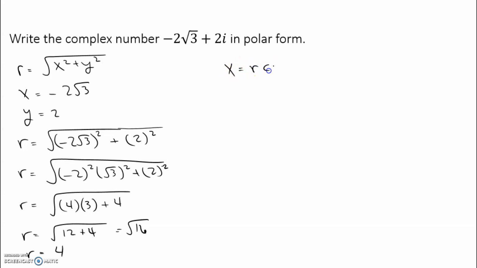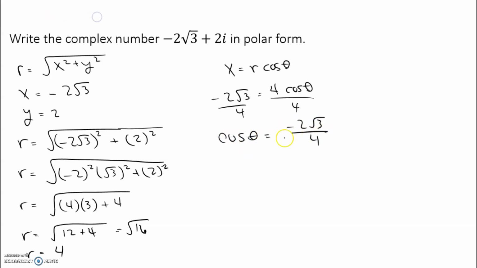So x is equal to r cosine theta. Our x is negative 2 square root of 3. The r that we just found is 4 cosine theta. Divide both sides by 4. So cosine theta would be negative 2 square root of 3 all over 4.